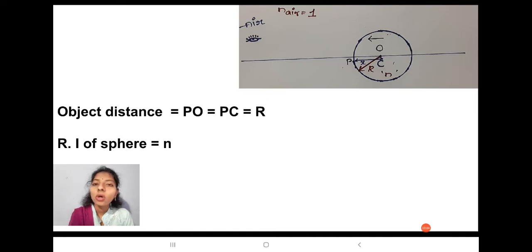So here object distance equals PO, or we can take PC. This equals R. And the refractive index of the sphere equals n.